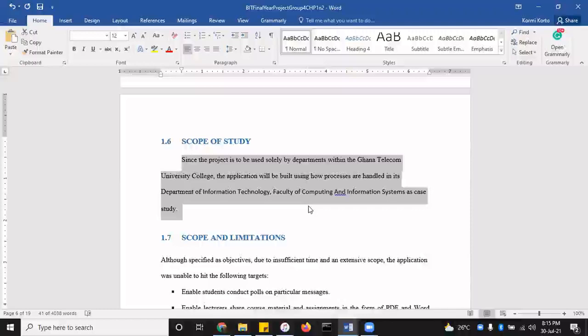Usually when you indicate clearly what your scope is, when it comes to grading or defense, we're not going to ask you questions beyond the scope. So this helps us limit our questions when it comes to defense or grading of your project. We know we can't ask you things that are beyond the scope, and we can't grade you on things that are beyond the scope.